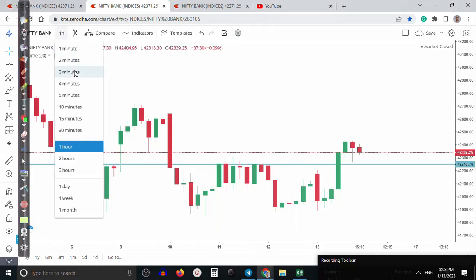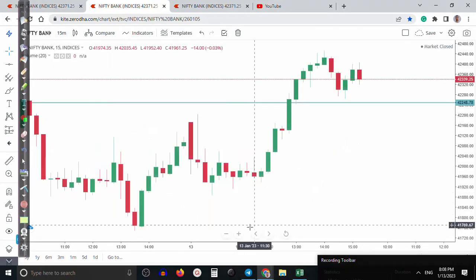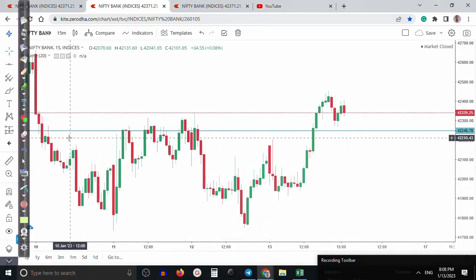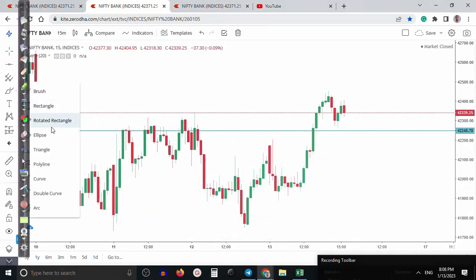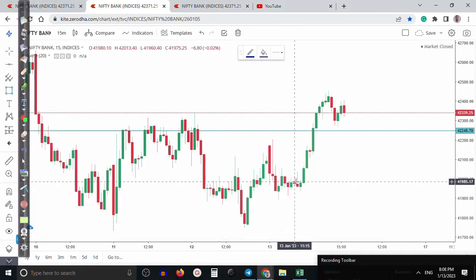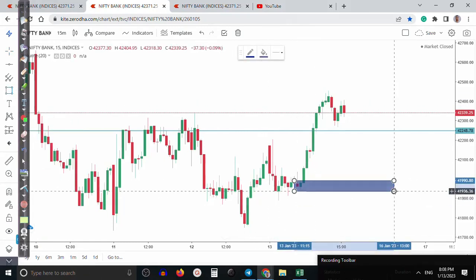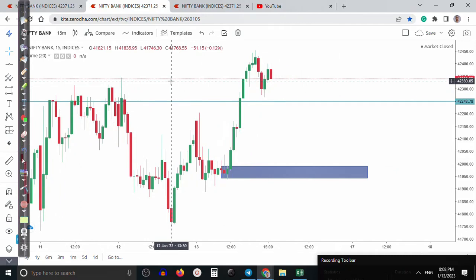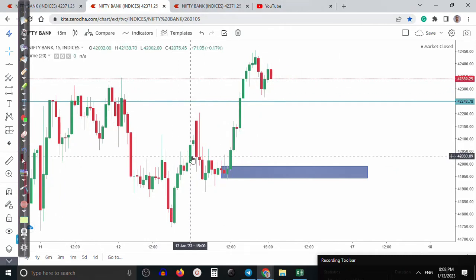Let's go to the 15-minute time frame. Let me zoom a little bit. Okay, perfect. Now, where is the demand zone? The demand zone would be somewhere here. This one is the demand zone. How am I drawing this demand zone?